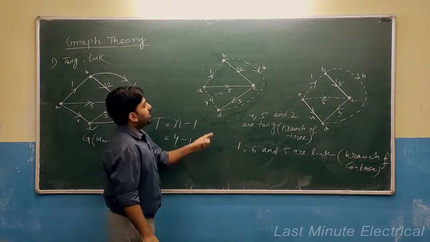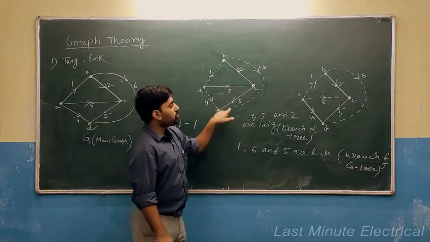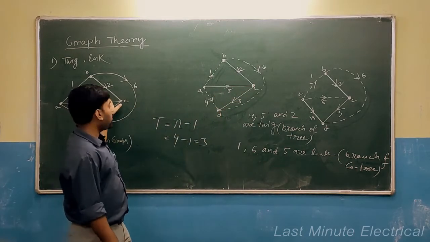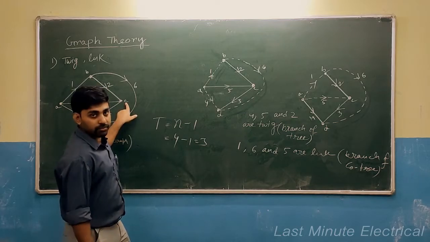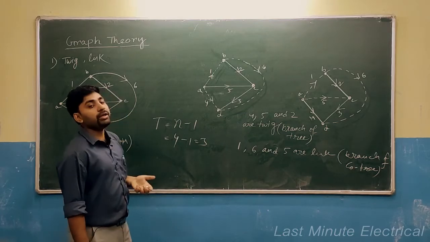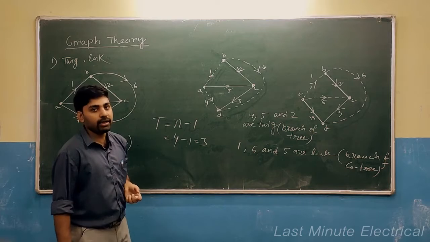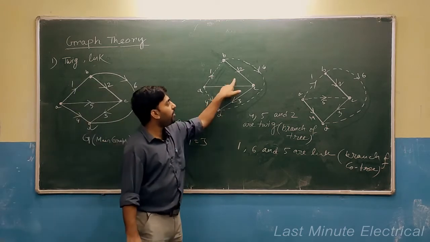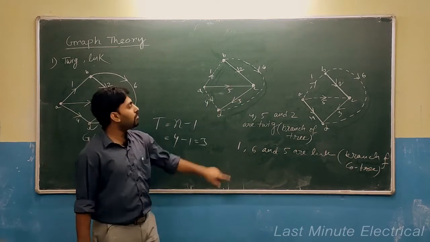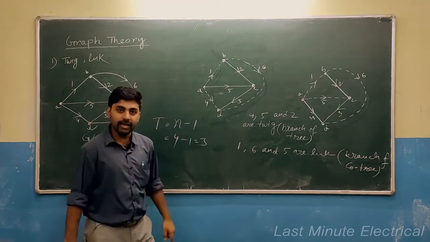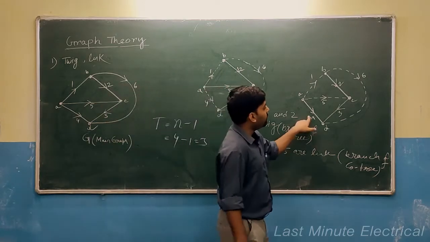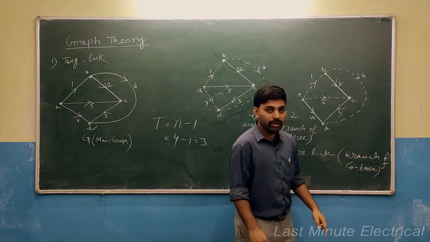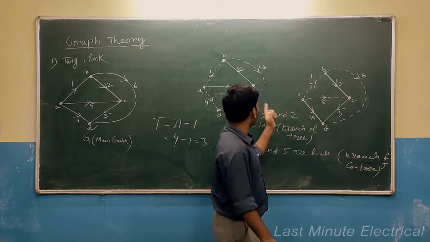Okay. See, this tree I have also drawn from this main graph. This graph contains 4 nodes. So how many twigs are you expecting for any given graph? Definitely 3. See, 5, 2 and 3. You can see 3 twigs here also, just like 4, 5, 3. Same thing you can see here.